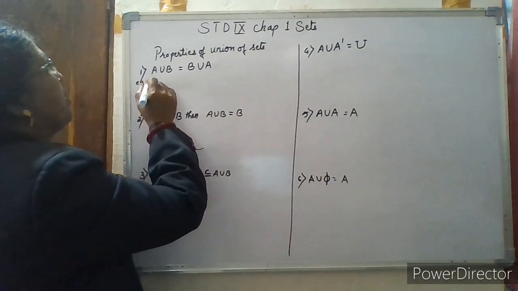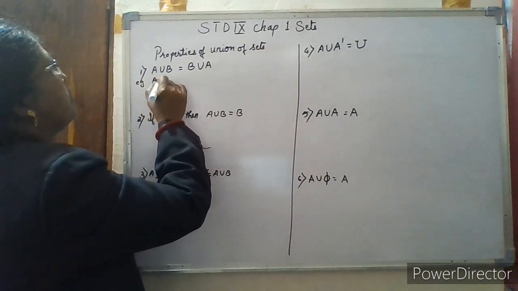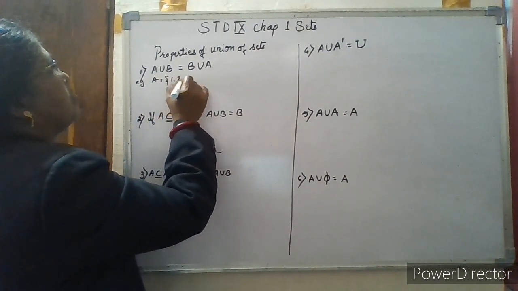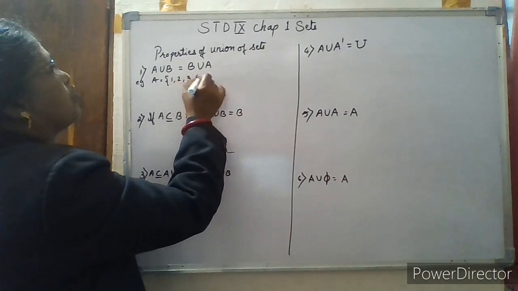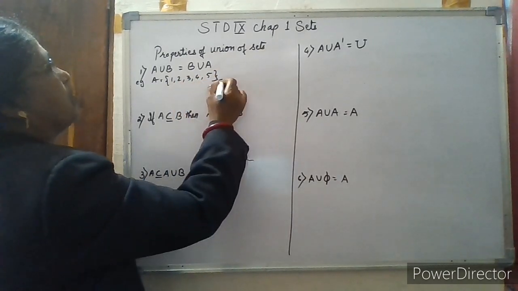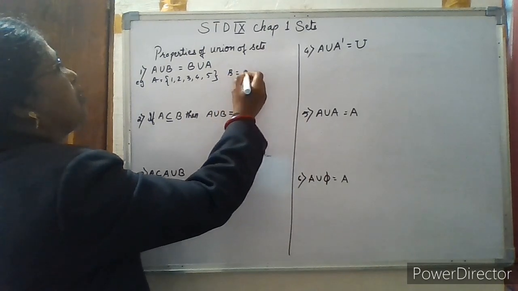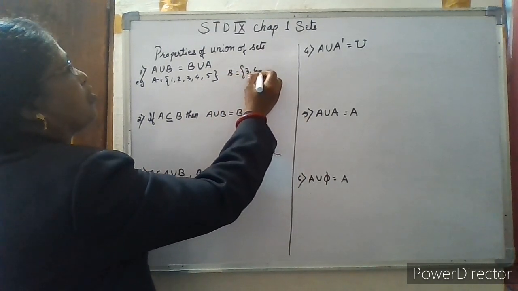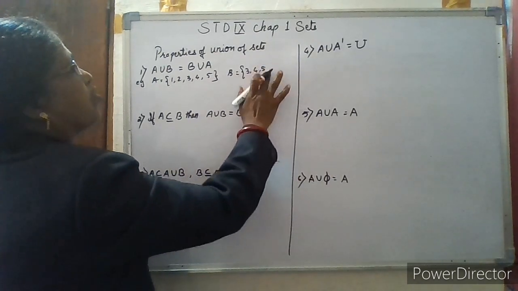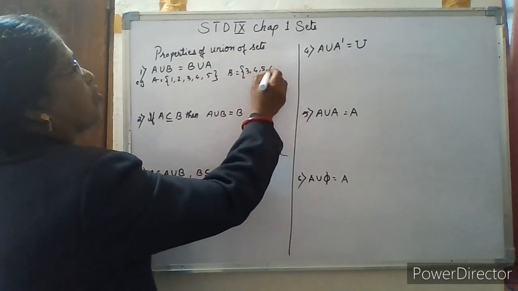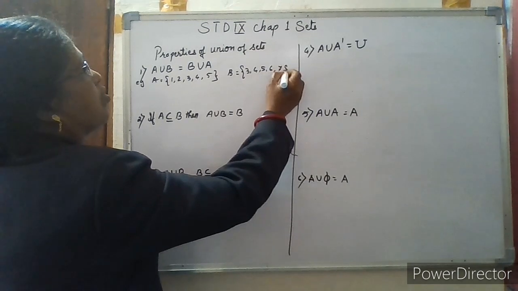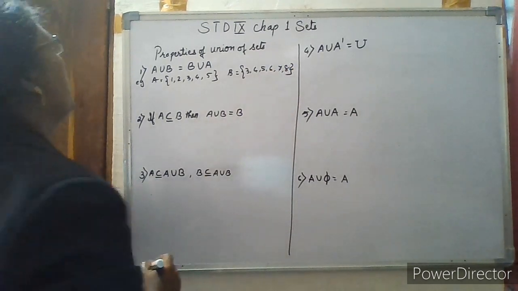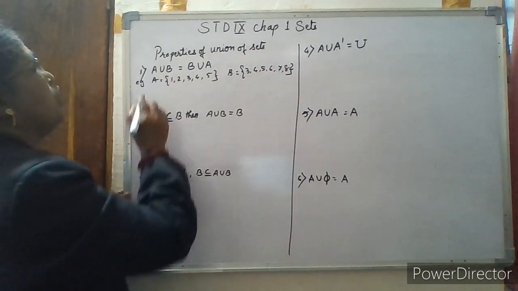Let us understand it by example. Suppose I take set A, 1, 2, and so on, this is set A. Then set B is, suppose, this is set B. Now A union B you find out.